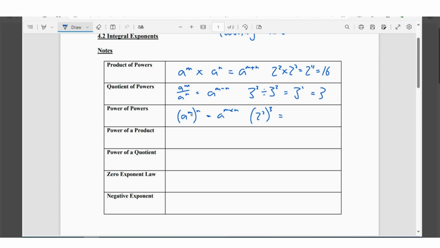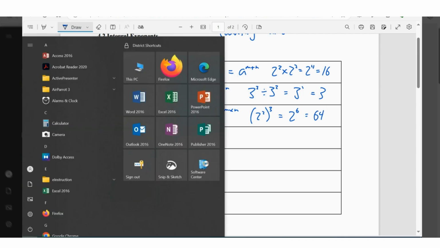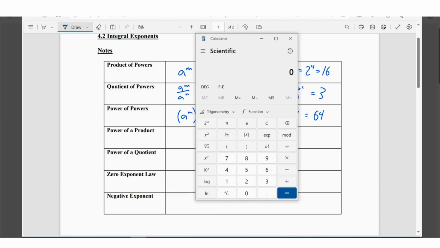So that's the same as 2 to the power of 6, because this is saying you have 2 squared 3 times. So you have a 2 squared and a 2 squared and a 2 squared, means you have 2 to the power of 6, and that's, what is that, 32, I think 64? Let's see. 2 to the power 6. There we go.